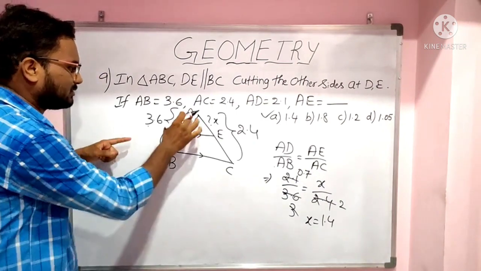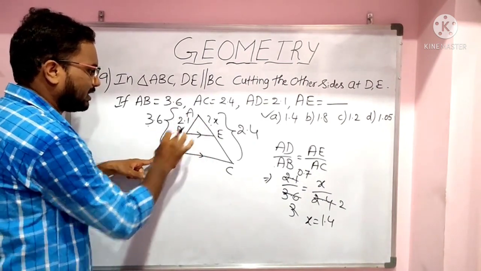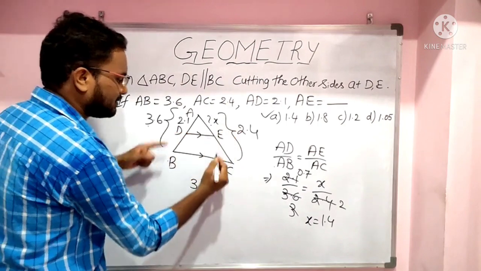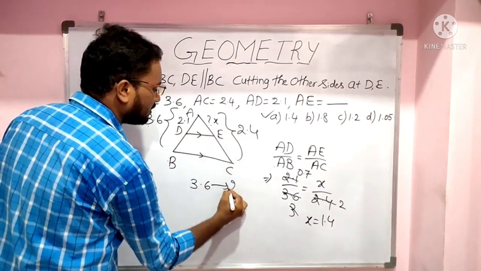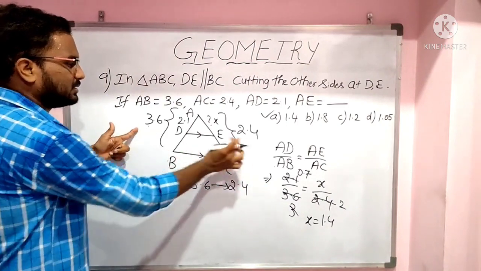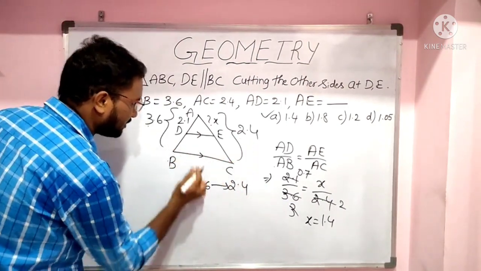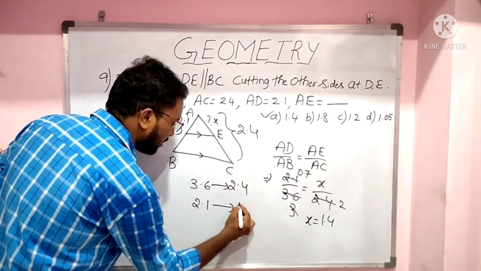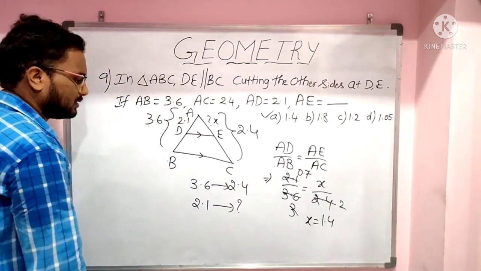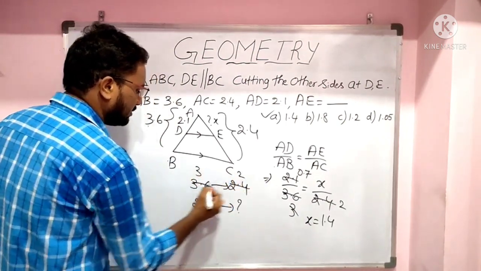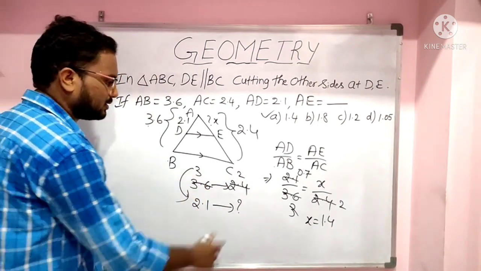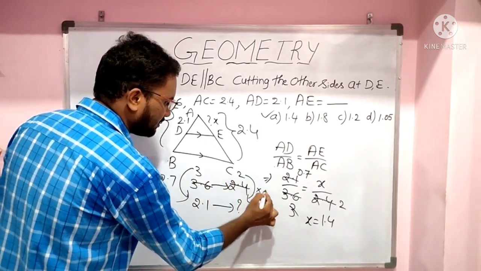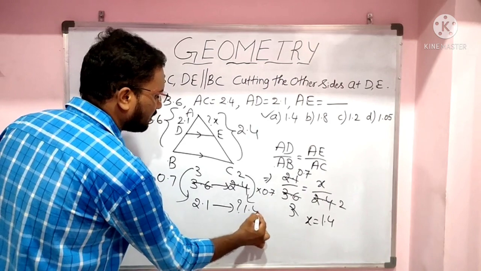The total value is 3.6 on this side, and on that side the total value is 2.4. 12 3s, 12 2s. 3 into 0.7 is 2.1, so we multiply here also with 0.7. 2 into 0.7 is 1.4.